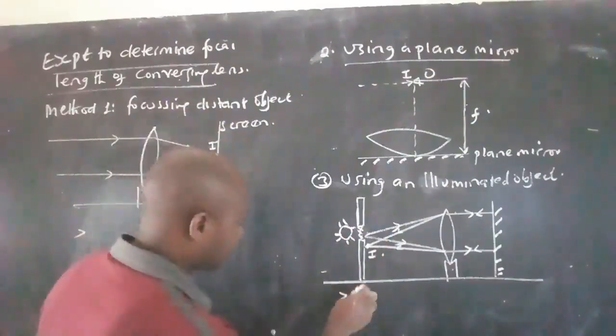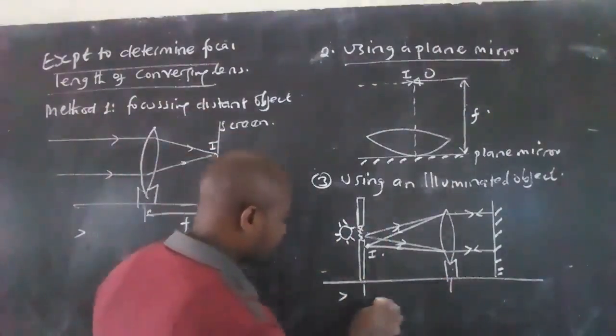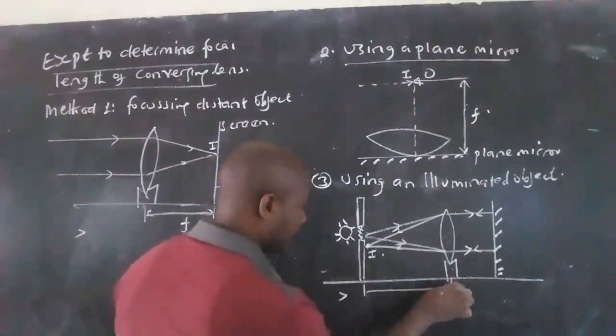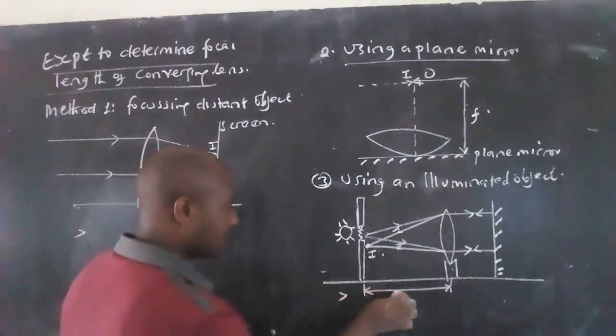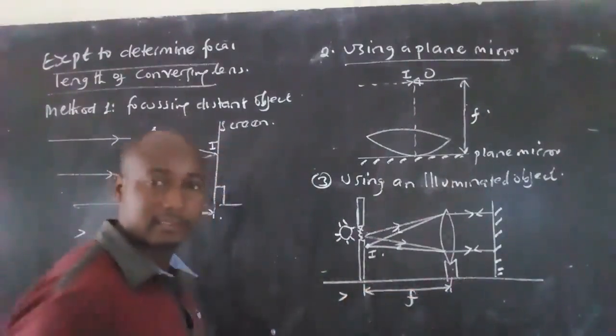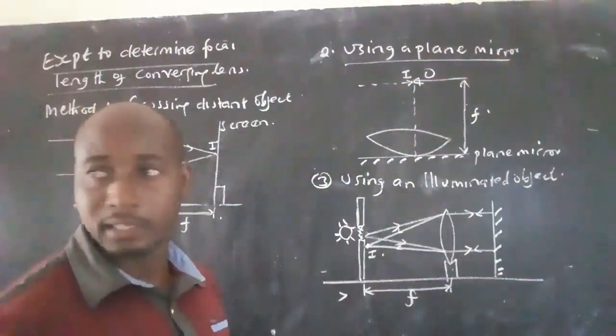The distance from the lens to the screen is measured and recorded, and this is the focal length of the lens which has been used.